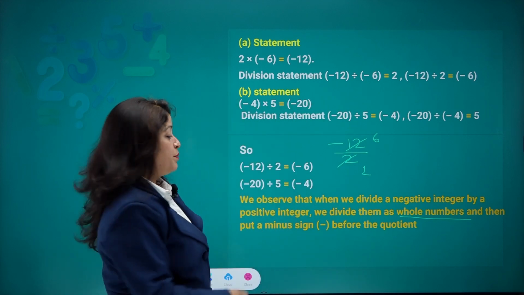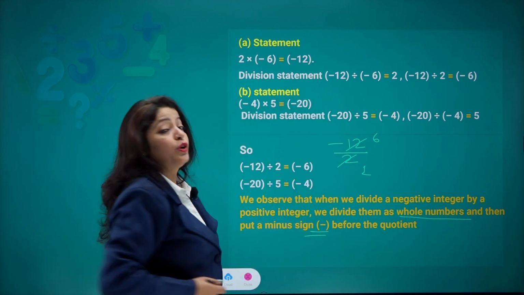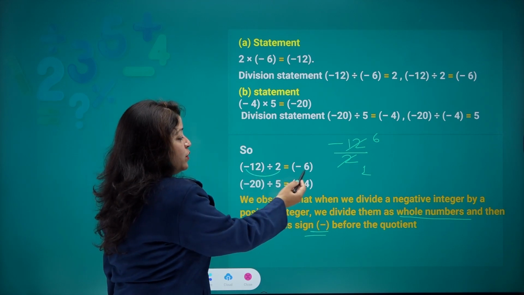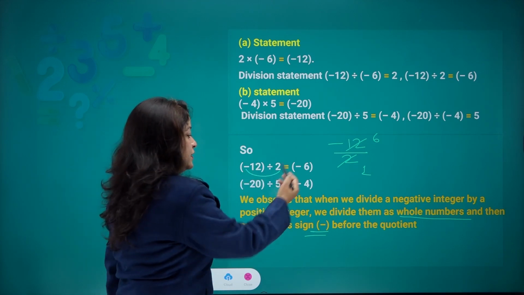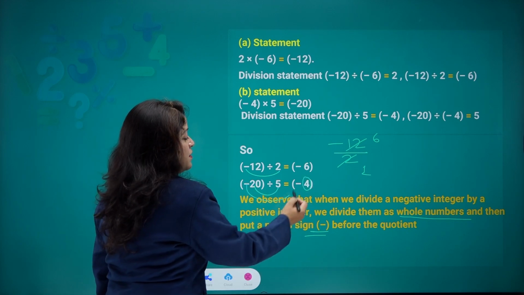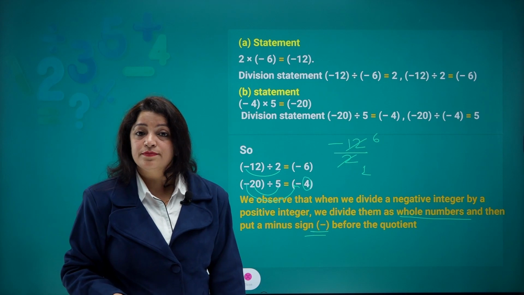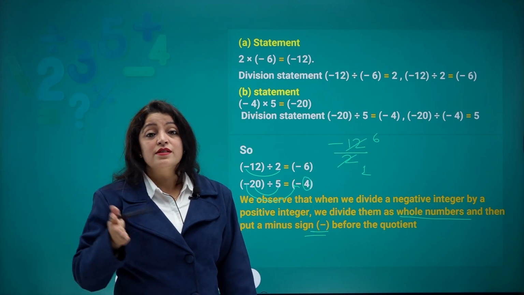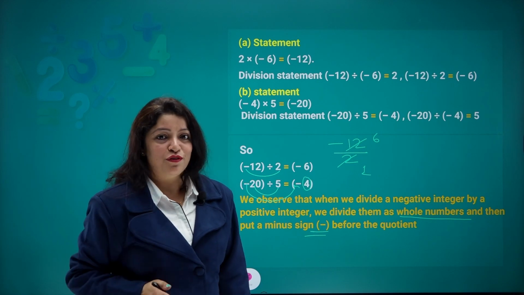And then put a minus sign before the quotient. Now, 12 divided by 2 is 6 and we put a minus sign. Similarly, 20 divided by 5, the result is 4 and we put a minus sign as it is. Very simple. For division, it is similar to multiplication but the opposite of it.